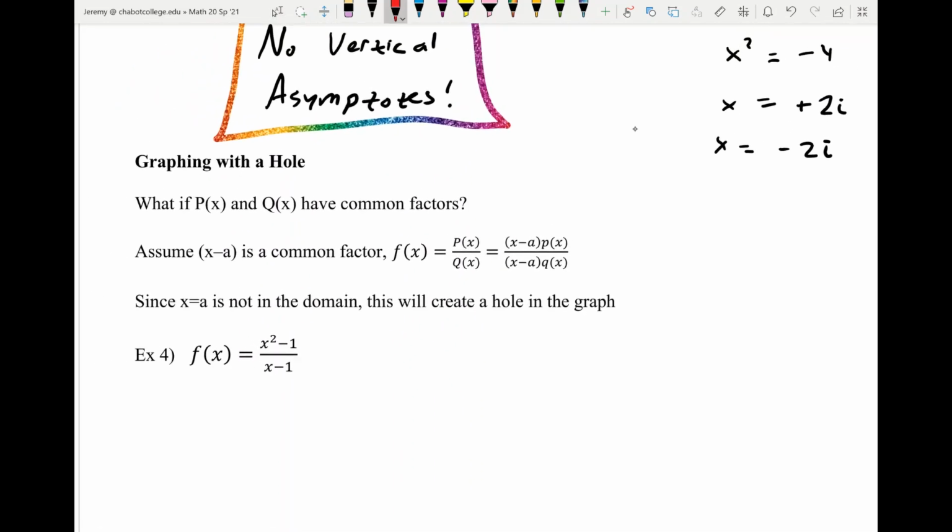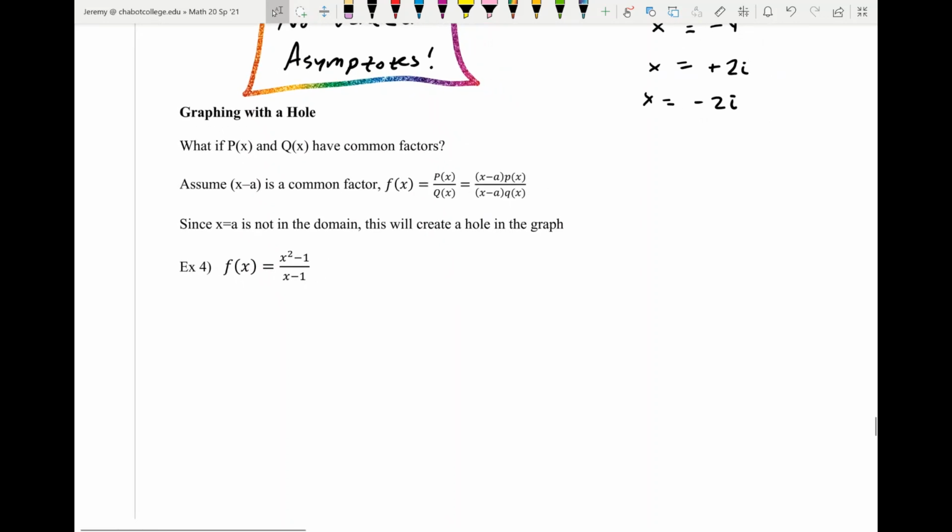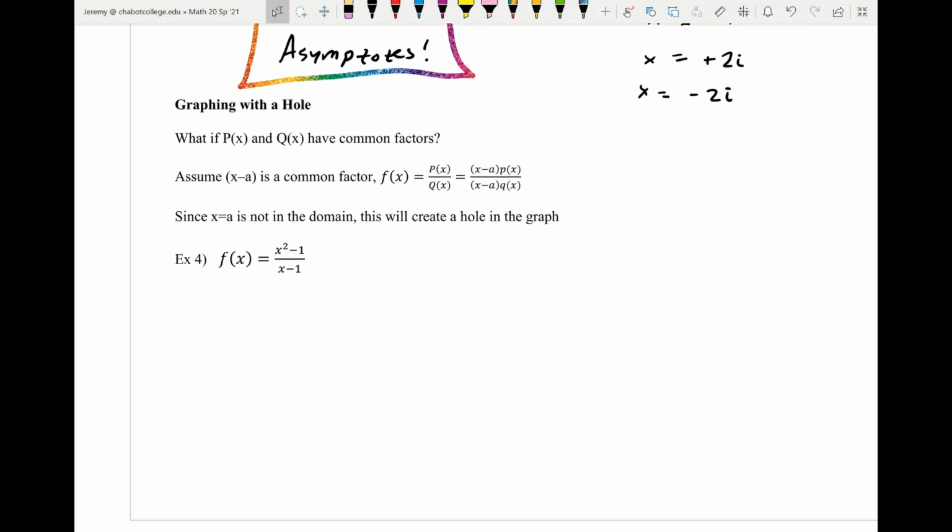However, it turns out that even though those factors cancel out, we still are not allowed to plug a into this function, right? So even though they cancel out, a is still not in the domain. Okay, and this creates what we call a hole in the graph. So let's look at a little example here. So f of x equals x squared minus 1 over x minus 1.